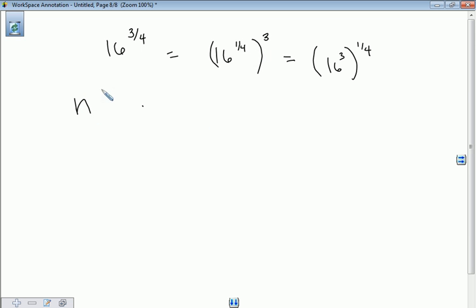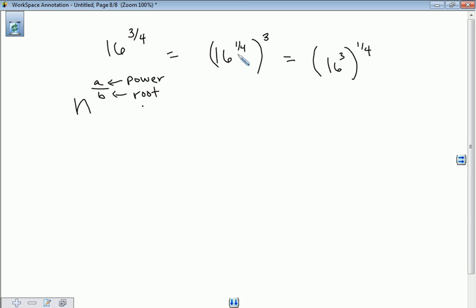So if we had n raised to a rational exponent, what this numerator gives us is the power that we raise it to. And then the denominator tells us the root that we take.